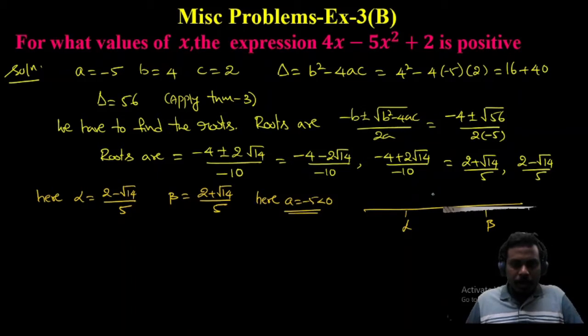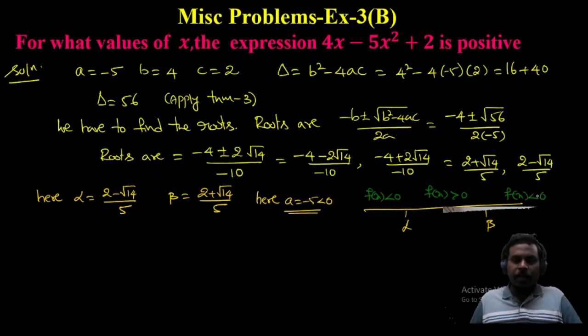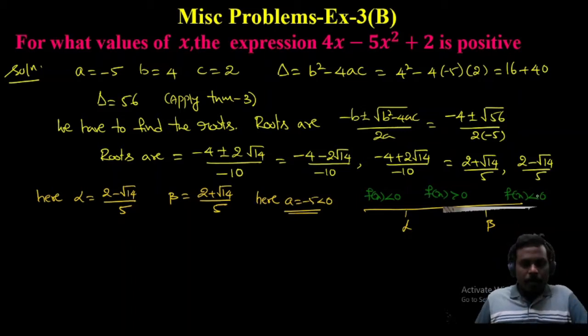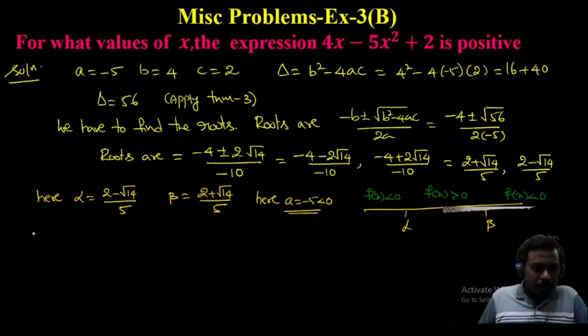So in this region, f of x is going to be negative, and this is going to be positive, and in this region it takes the same sign, it is negative, and f of x is negative here. Okay, now what is the conclusion here?